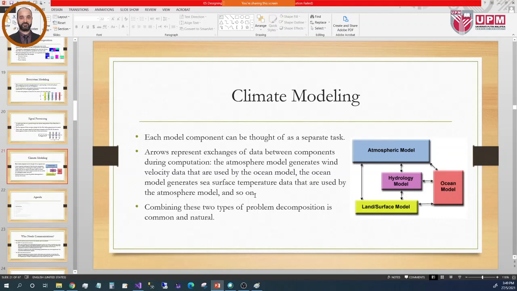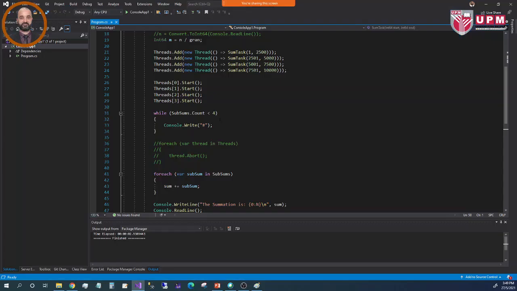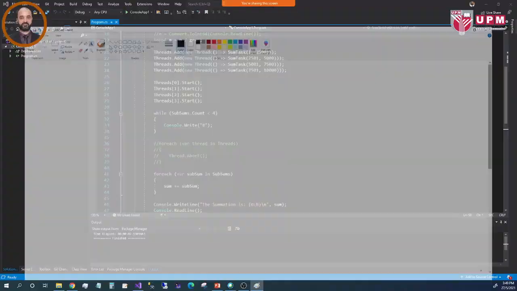So combining those two types of problem decomposition is common and natural. What they want to say here is that sometimes you can see there is a combination of domain decomposition and functional decomposition.